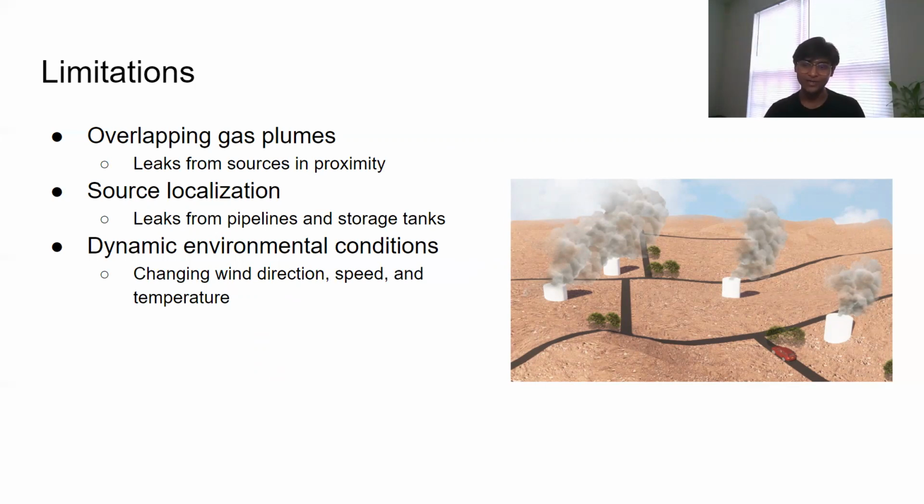But in the real world, these oil wells could be close to each other and they could cause overlapping gas plumes. In which case, there's a good chance our algorithm assigns this gas to both the oil wells, and in doing so, it assumes that both the oil wells are leaking at much higher leak rates than what they really are. So this is something I'm going to address in my future work.